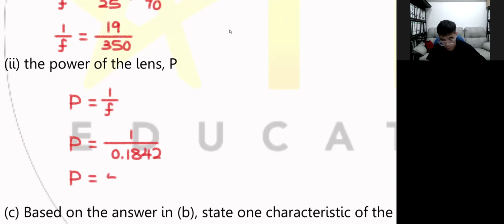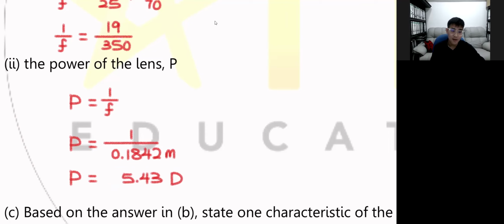If you round your answer to 2 decimal places, it will be 5.43. If you use meter as the SI unit for length, the answer you get for power will also be in SI unit. And the SI unit for power is called diopter. We use capital letter D as the unit symbol for diopter.